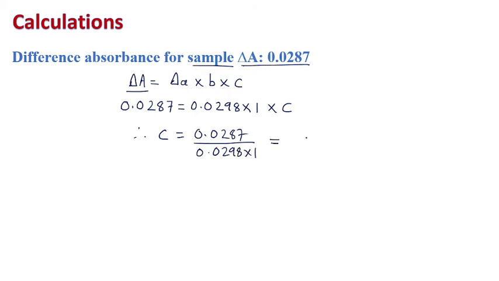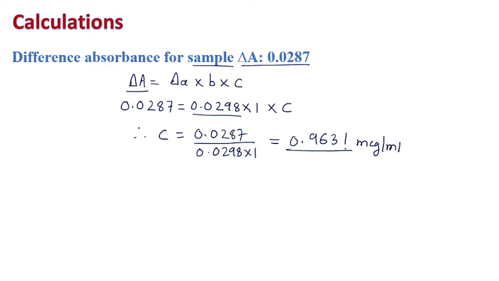So if you solve this, you will get the concentration, that is 0.9631. Okay, so what will be the unit here? Obviously, as we took the concentration for calculating the standard absorptivity in micrograms, this will also be micrograms per ml.